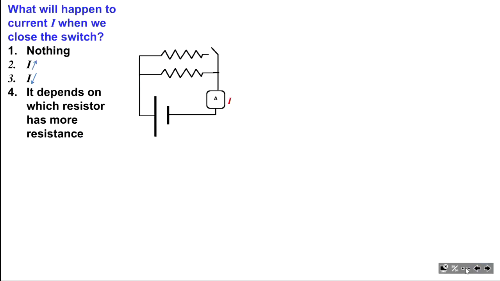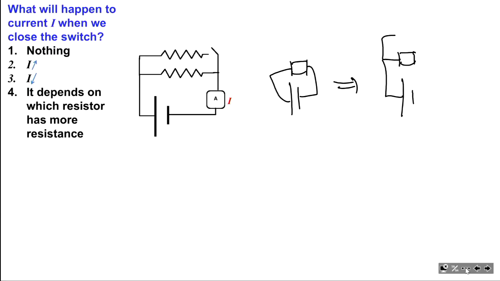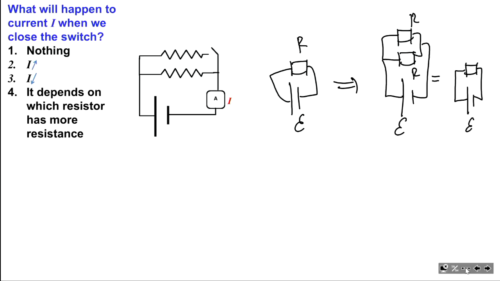So we have answered. Well, mathematically, we go from this to this: EMF, R, EMF, R, R. But this is equivalent to the same EMF, 1/2 of R. So I1, I2.